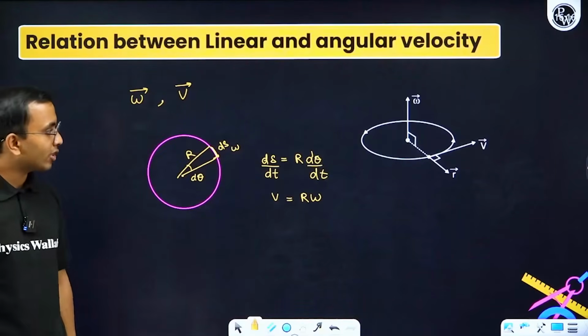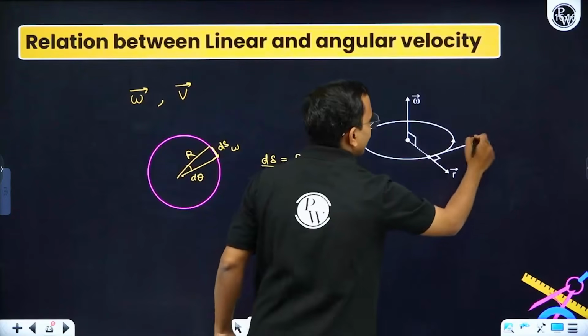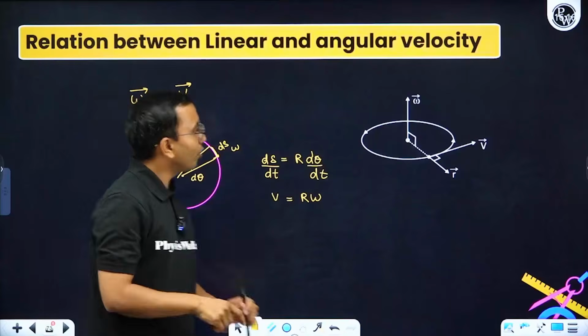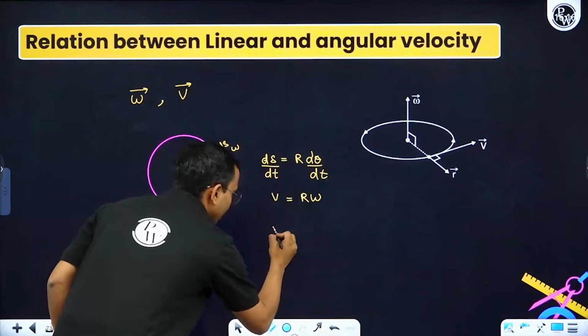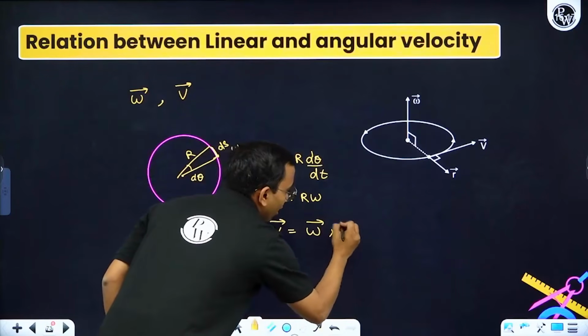Now let us see the direction. The particle is moving in a circle, velocity is in this direction, and omega is out of the plane. If you do omega cross r, that is the direction of velocity. So v is basically omega cross r.